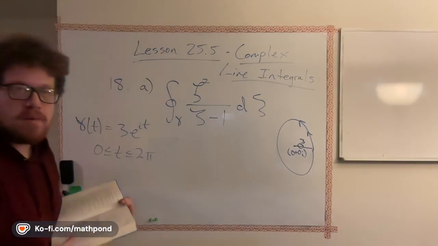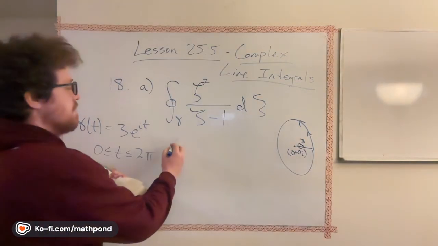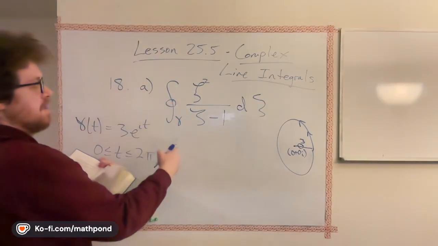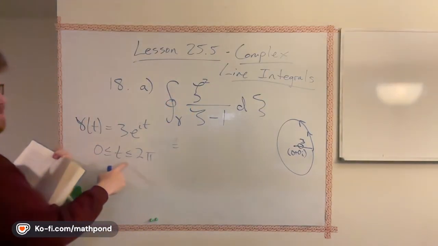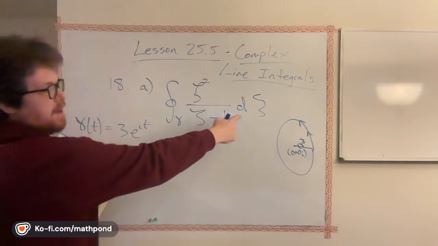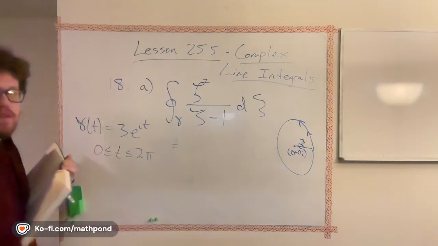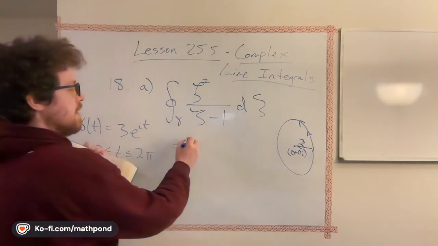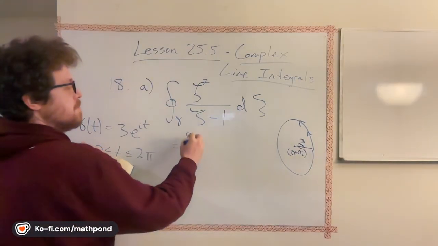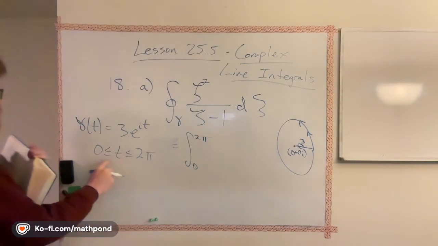Okay, and then remember from yesterday, how do we define this integral? We have to find a parameterization first, and then we have to do a chain rule for the d zeta part. So this will be an integral from 0 to 2 pi, which is the bounds of our parameterization.